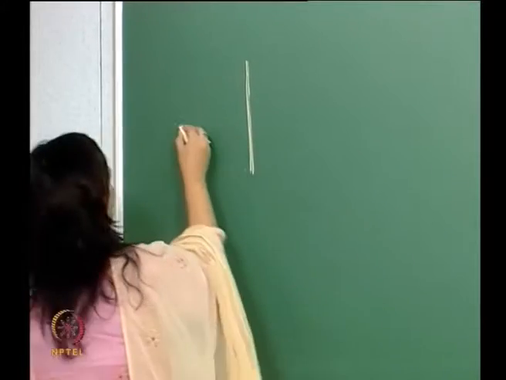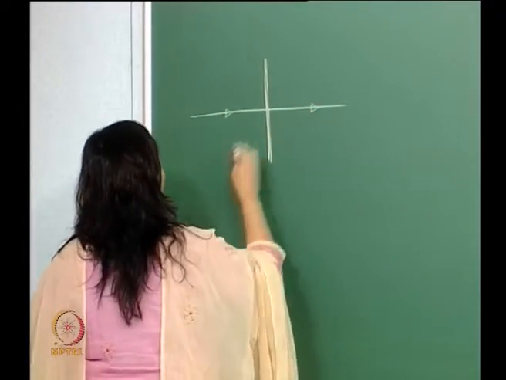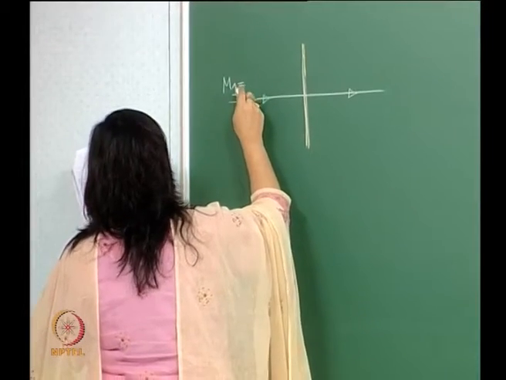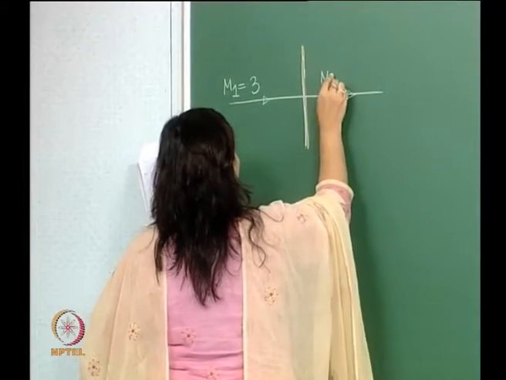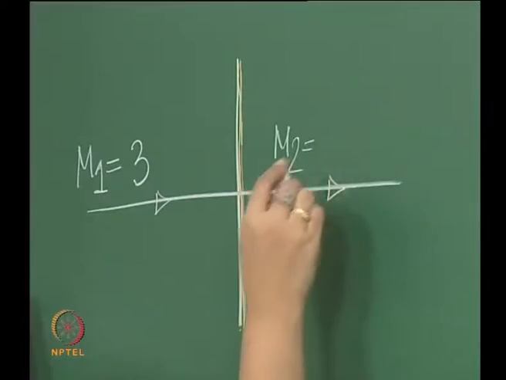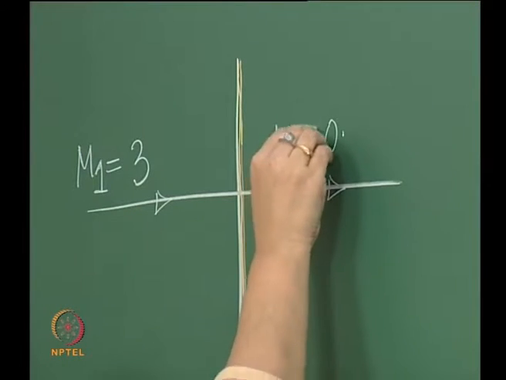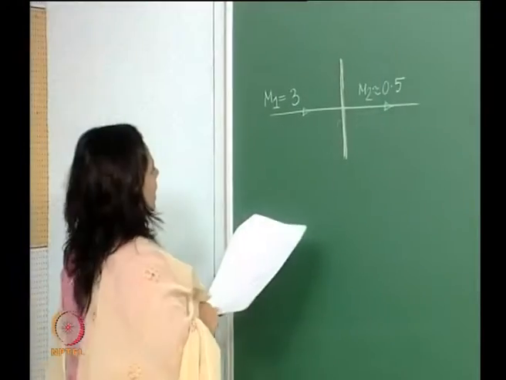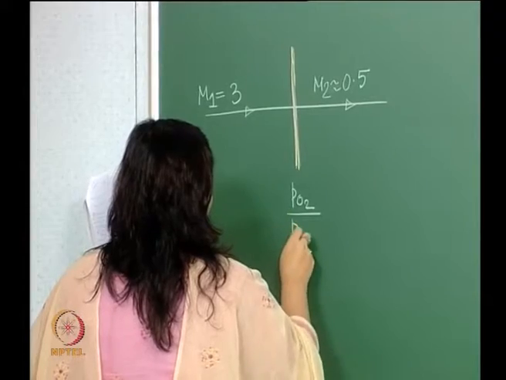Okay, so here we go. What we got was, we had a flow which was this. And what we got here was nearly 0.5. We got 0.4752 to be precise, and we got a ratio of the total pressures.